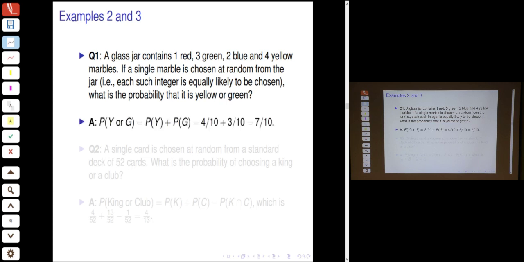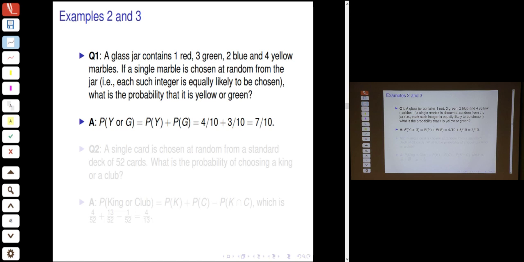The answer is we turn it into counting. For the probability of yellow or green, we use the addition principle, because yellow and green are disjoint. If the marble is yellow, it is not green, so they are exclusive.